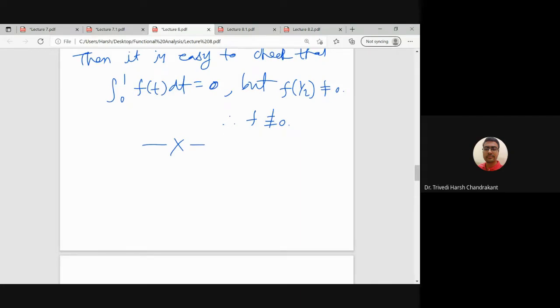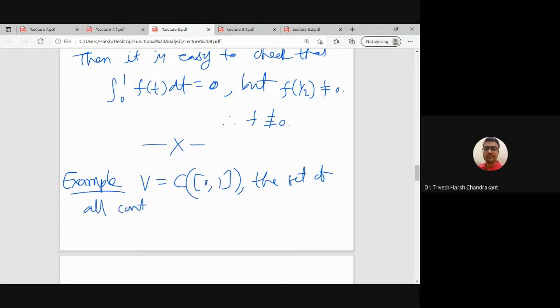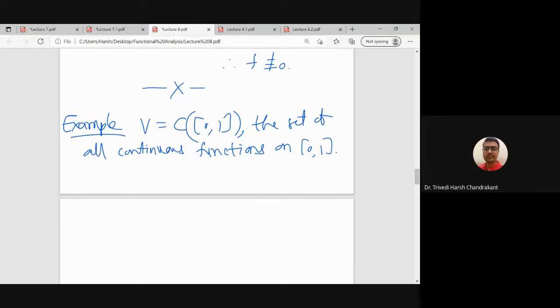So on the space of continuous functions, we can also define the inner product. So if we take the set of continuous functions over the closed interval 0, 1, then we can define, what is the inner product?